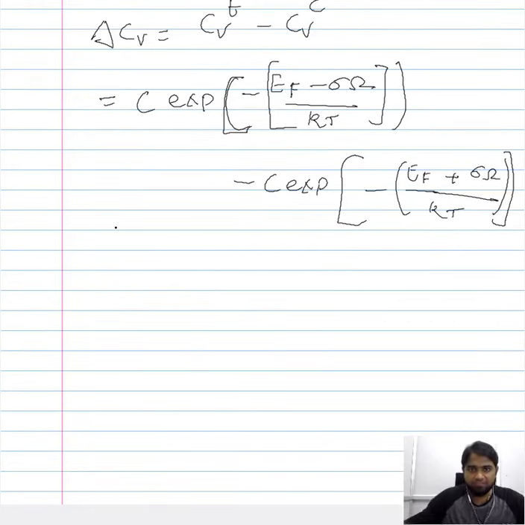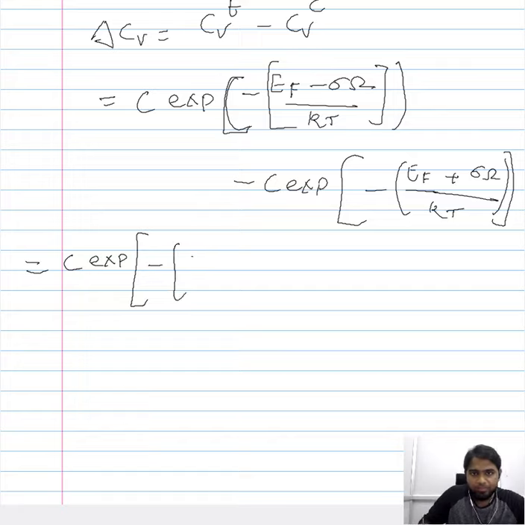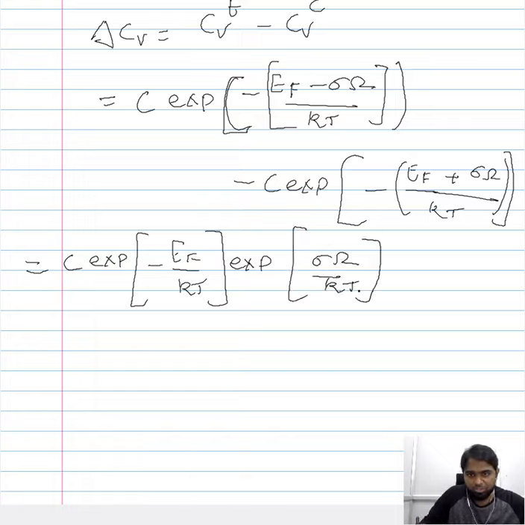So you can further expand this and write it as C exponential of minus EF by kappa T, and then you bring this minus inside, that would mean an exponential by the contribution of the stress.